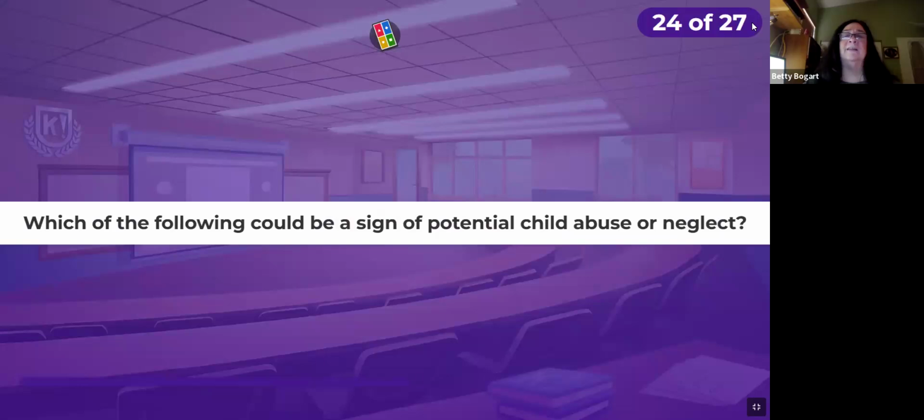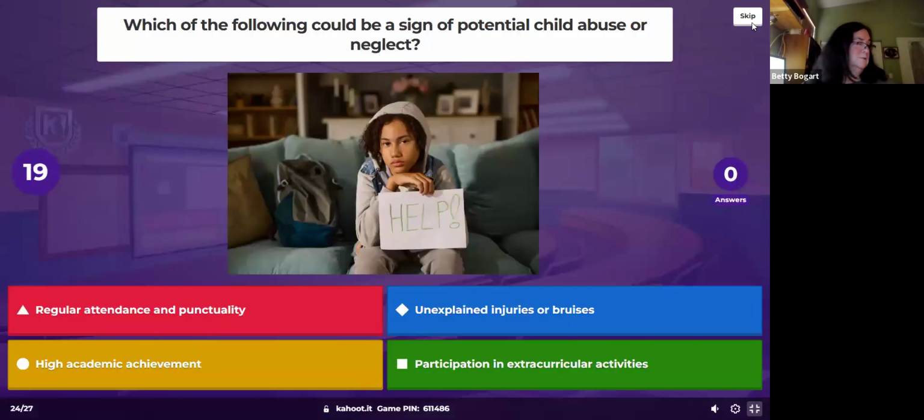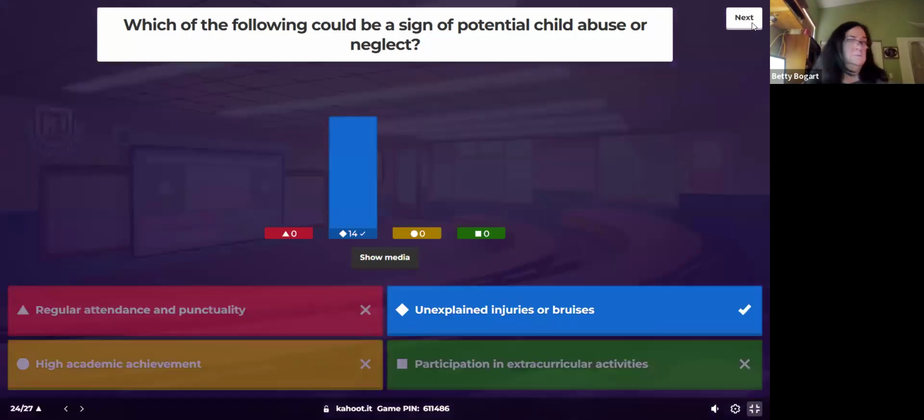Which of the following could be a sign of potential child abuse or neglect? So, children that have unexplained injuries or bruises, or the story doesn't match the injury, this is the big red alert.